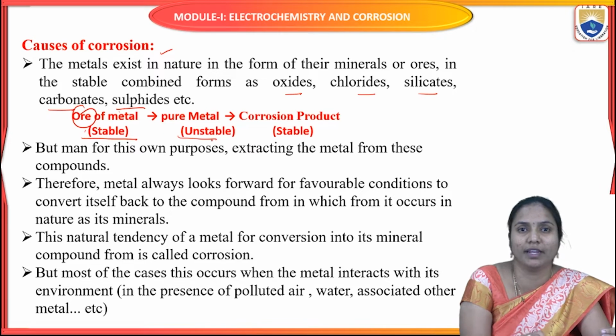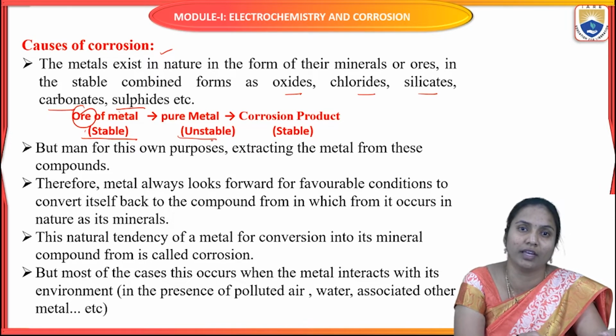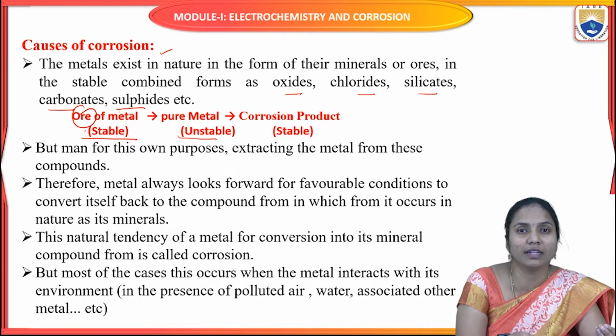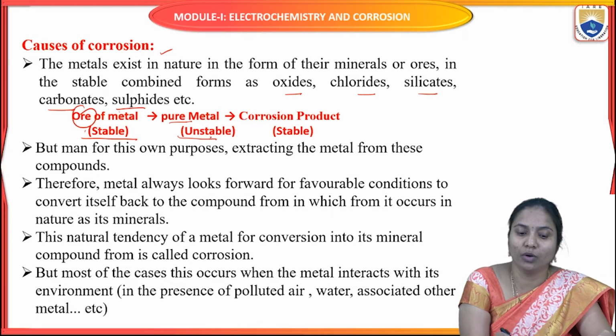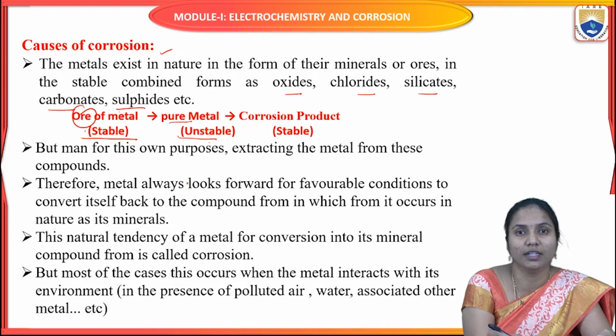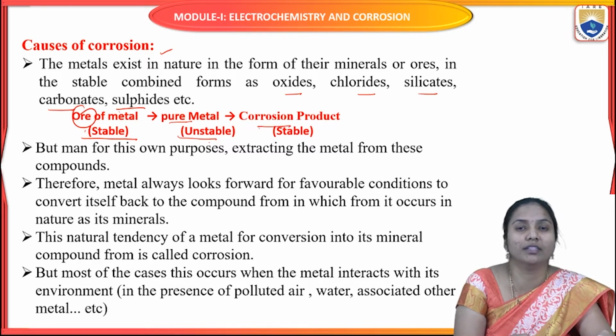For example, iron is available in nature as iron sulfide, iron oxide, etc. We extract iron metal from these ore or mineral compounds, so that is pure metal. But it is unstable, so the metal always tries to return to its original position, that means its mineral compound form. That is the main reason for corrosion.